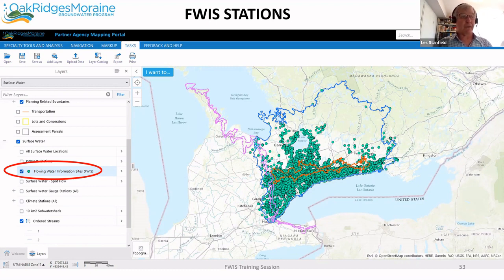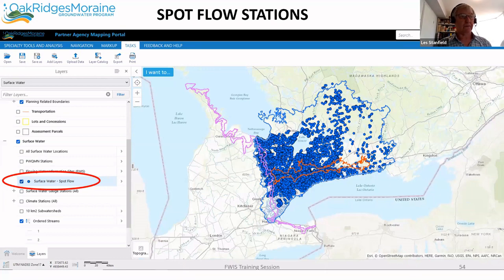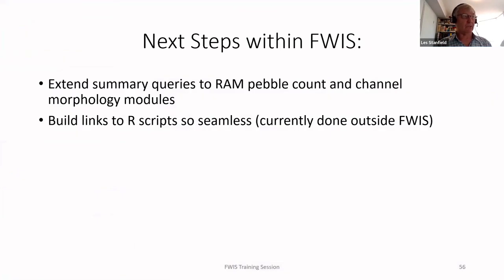They would have predictions of baseflow, but they didn't know how well their models predicted baseflow. Now they can link to FWIS, find out where the baseflow data is, and see how well their predictions relate to that. Very cool. It's just phenomenal, I think. Anyway, they've got some really cool links within that.